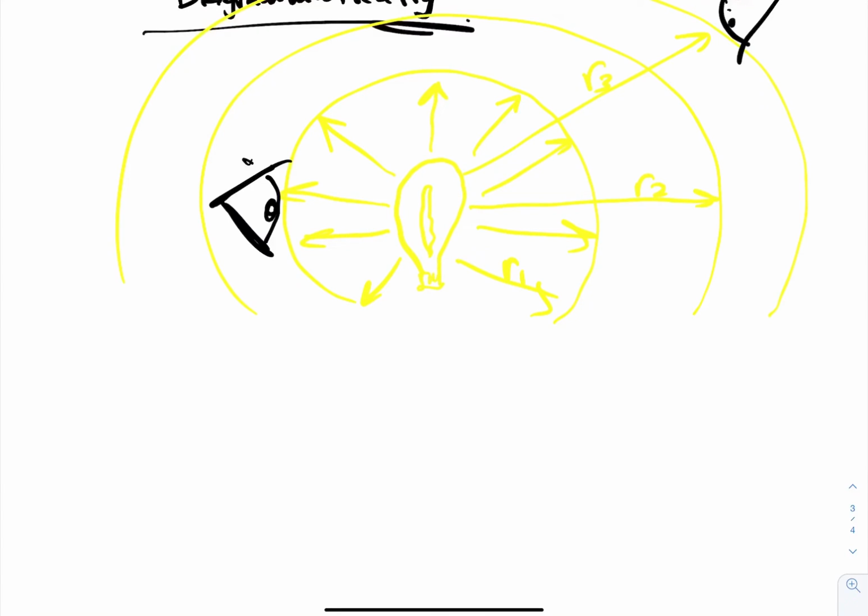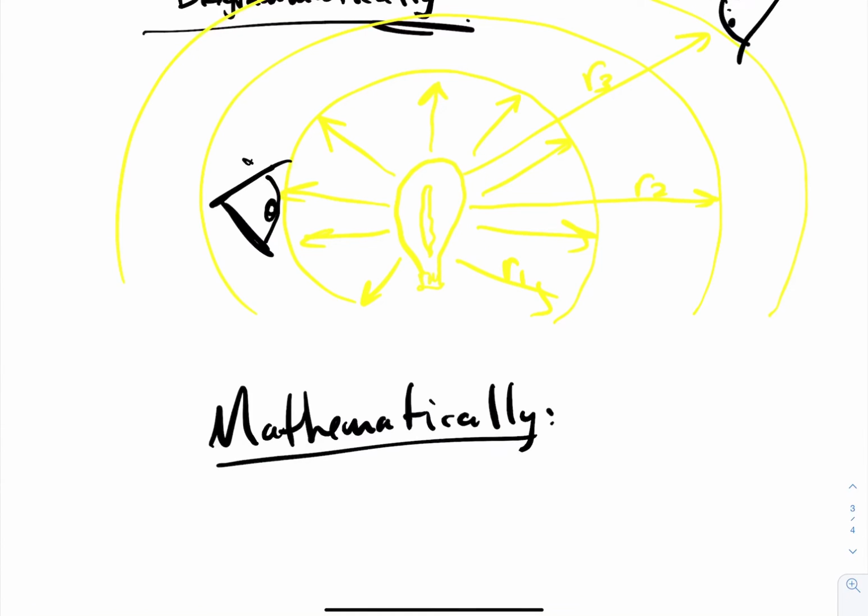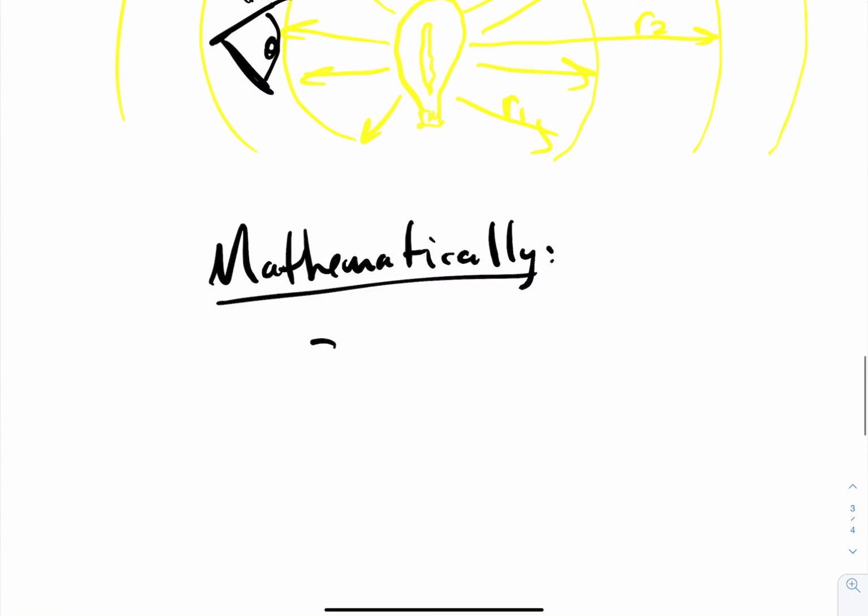So we'll show you mathematically. S, intensity, is equal to P over A, the power, the wattage, if you will, over the area that it's being distributed.